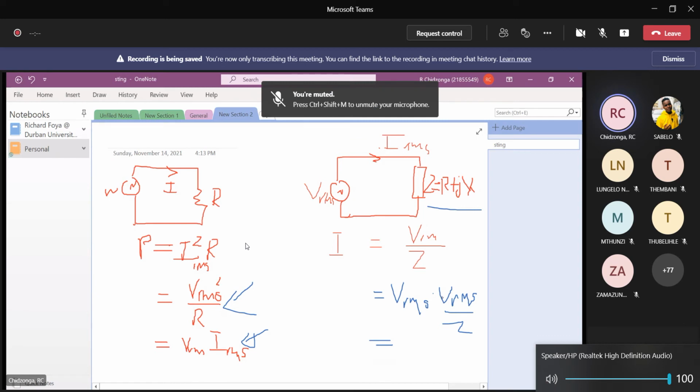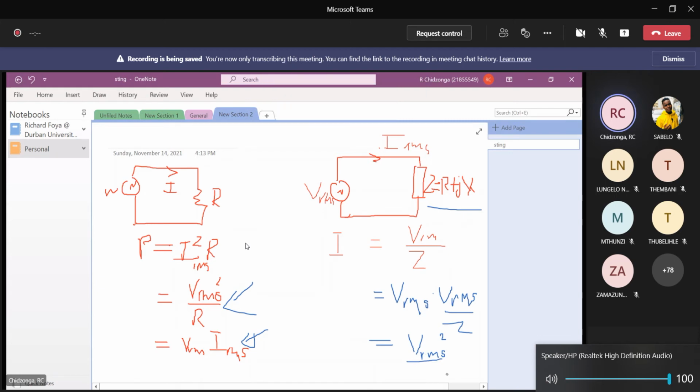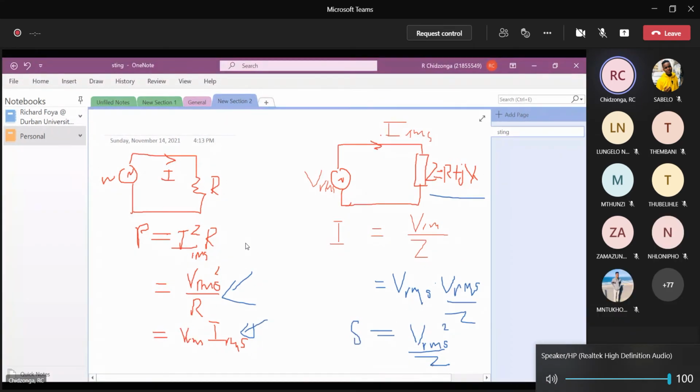So when you multiply and do your division, you are going to get VRMS squared over Z. The result of this expression is not going to be a real number. It's not P, but it's S, because it's going to have a complex component, because Z is complex.